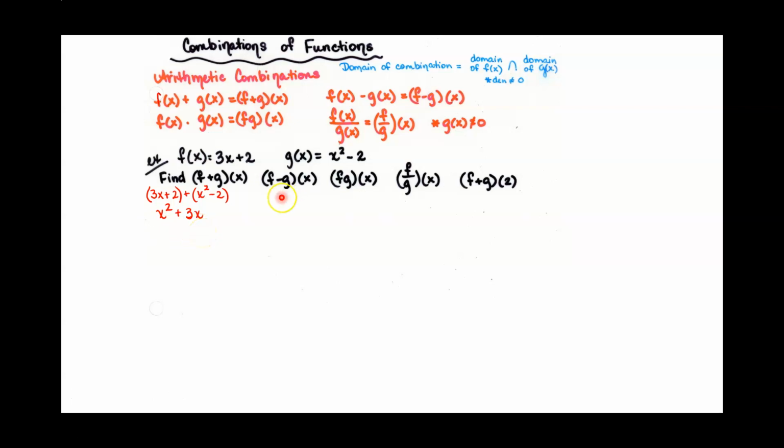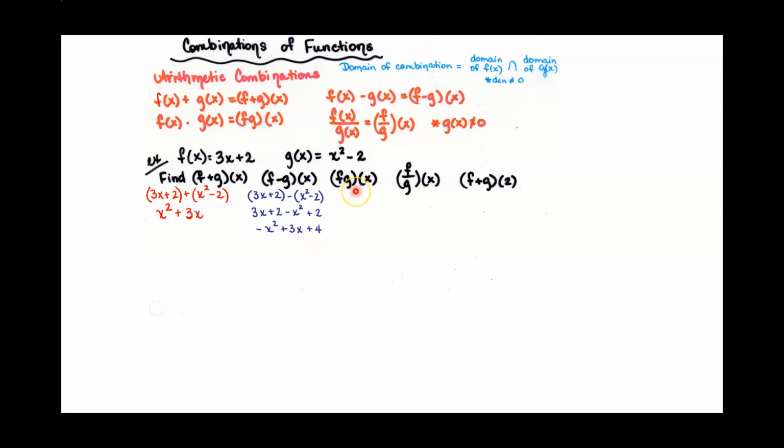If we had f minus g of x, we would take f of x minus g of x. Don't forget to distribute your negative to every term that comes after it. And so your 2 and 2 would combine this time to be 4. So we'd have negative x squared plus 3x plus 4.